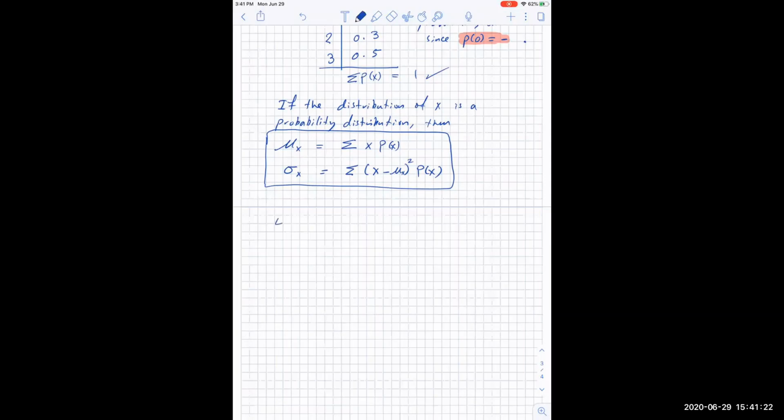Example. Consider the following probability distribution.